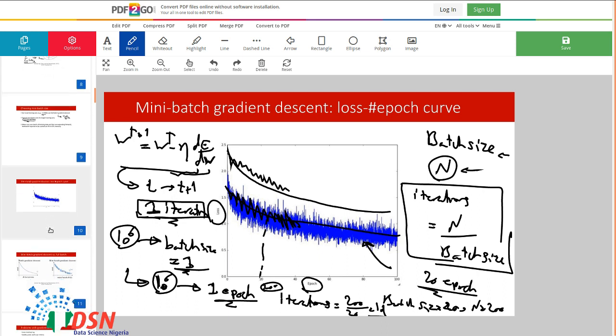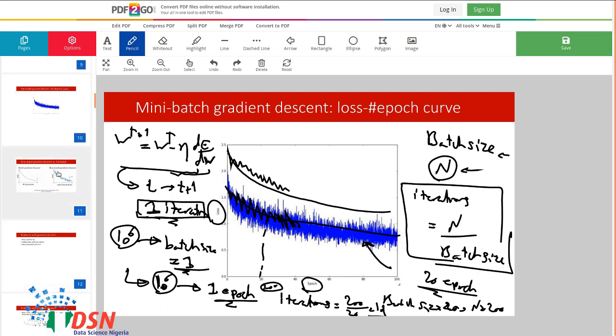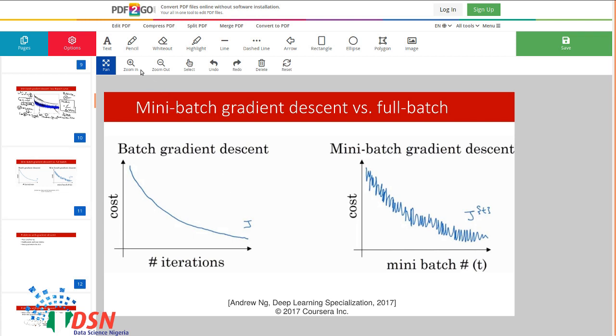to update your network. The reason is that when you use batch gradient descent, or the full number of training data, the gradient that you are estimating is aligned with the cost function that you want to optimize.